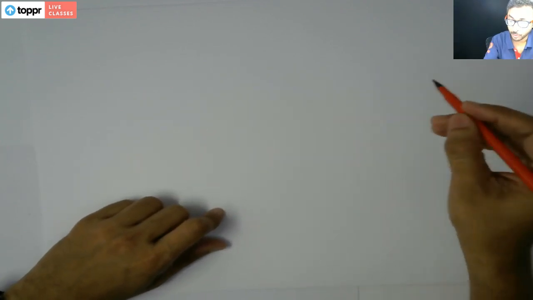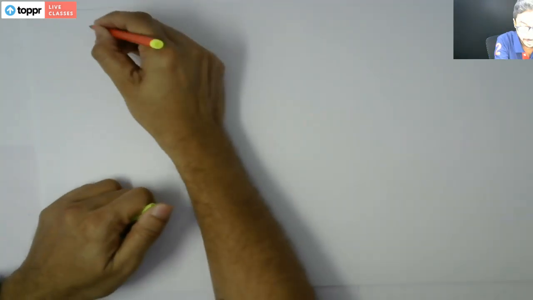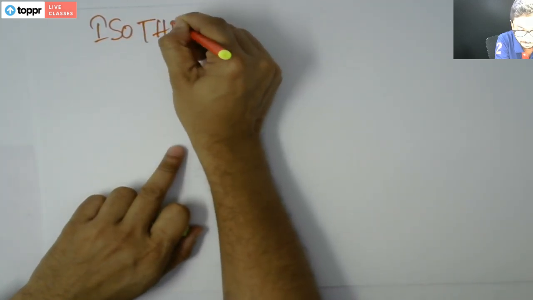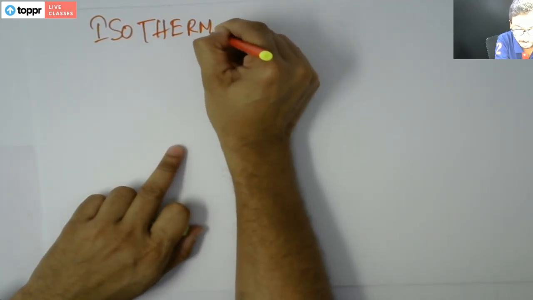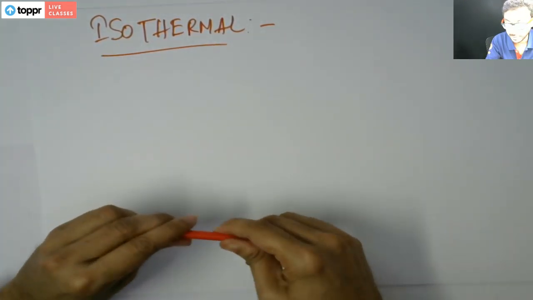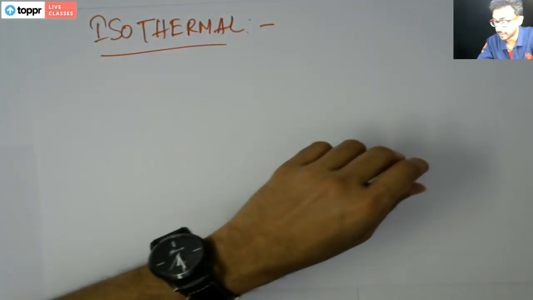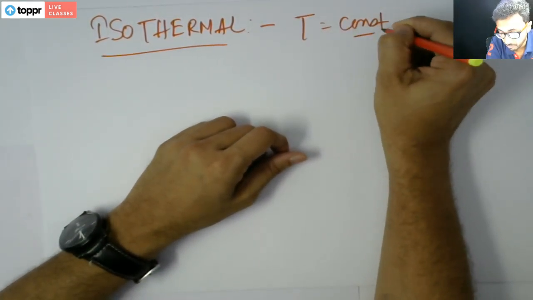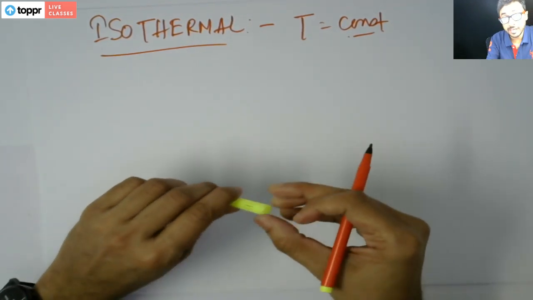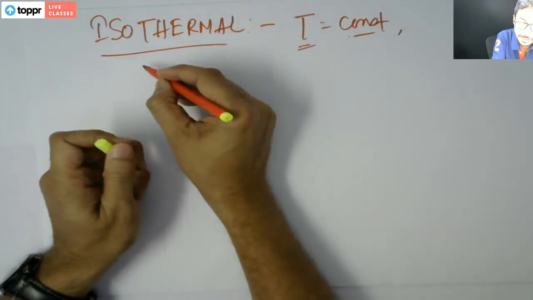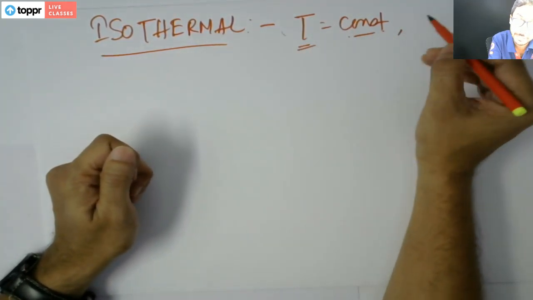Now we are coming to the isothermal process. In isothermal, T is constant. I have told you internal energy depends on the temperature.